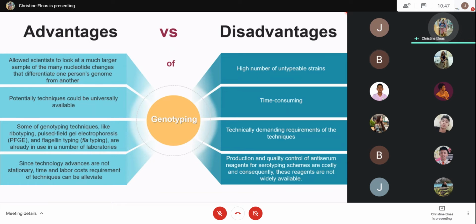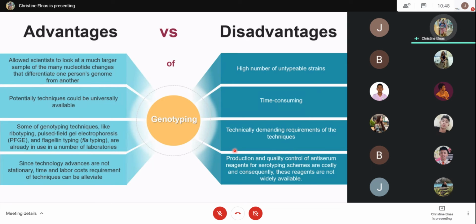One of the disadvantages of genotyping is the high number of untypable strains. Untypable meaning strains that have not yet been categorized or assigned to a specific type or kind. And also genotyping can be time consuming, because several methods and processes are undergone for the process to be completed.